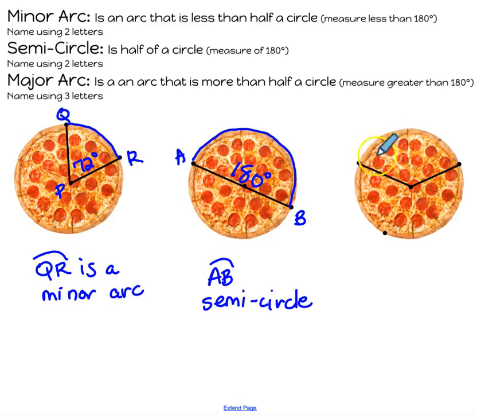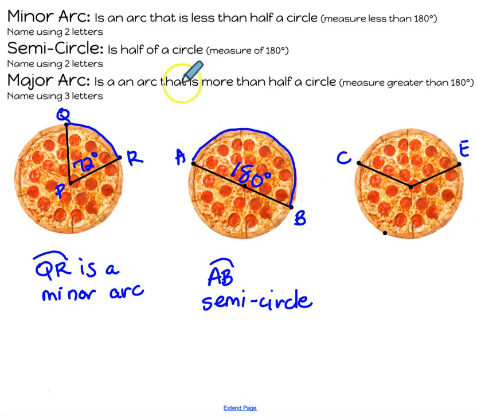Now, if I put some points on this one, let's call this point C and that point E, and I told you to draw arc CE, you wouldn't know if you were going to go this way up top or down here on the bottom, unless somebody told you they want a minor arc or a major arc.